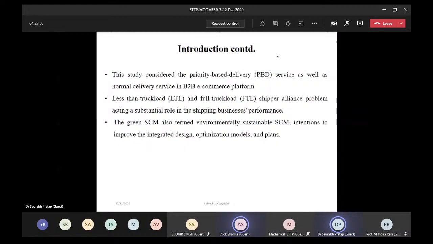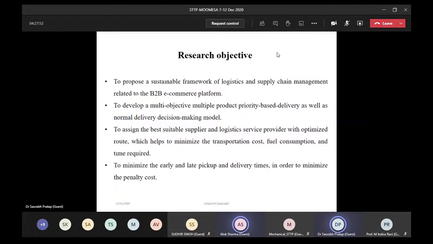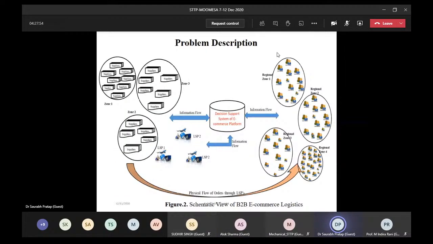Yes, this is the exact scenario. Let us assume these are the zones: zone 1, zone 2, zone 3. There will be a number of zones, and under the zones there will be a number of suppliers. Similarly we have a regional zone, meaning customers.